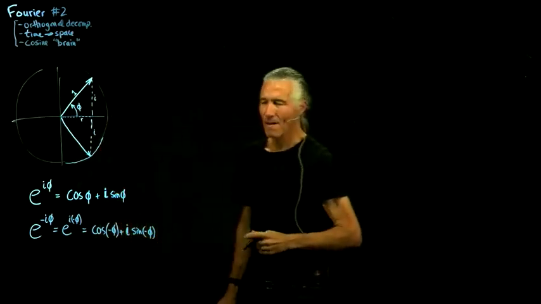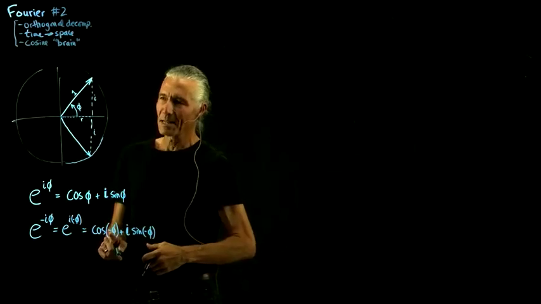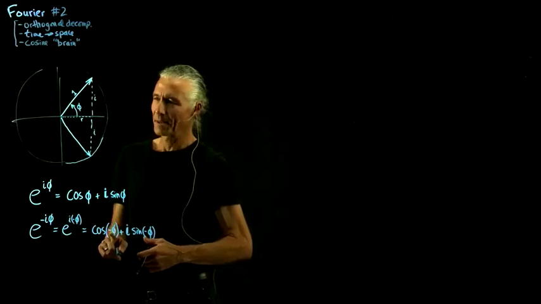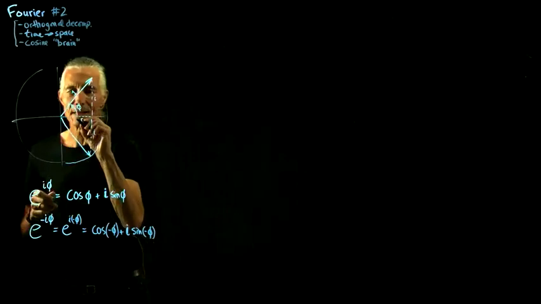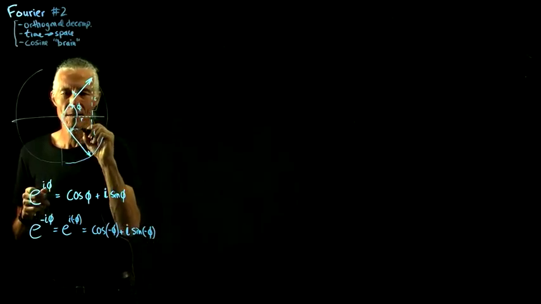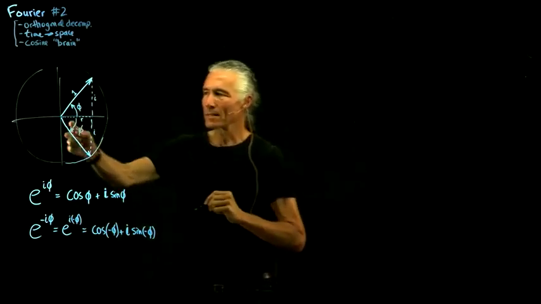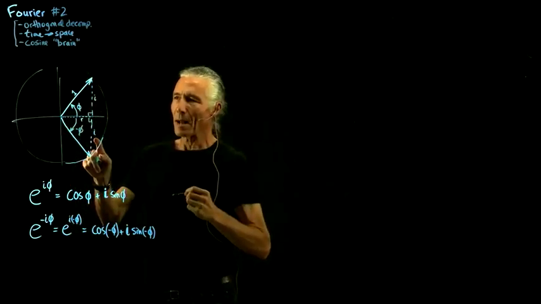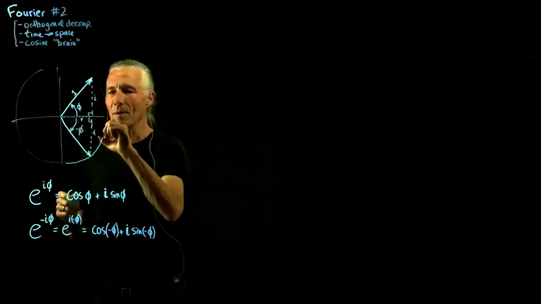But what does that equal? Well, it turns out the cosine of minus phi is the same as the cosine of phi. Because the adjacent side of the right triangle doesn't change if we take a negative angle, but the opposite side, which is the sine, does change. It goes from I to minus I.